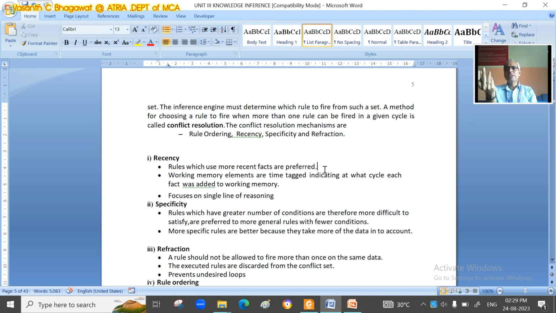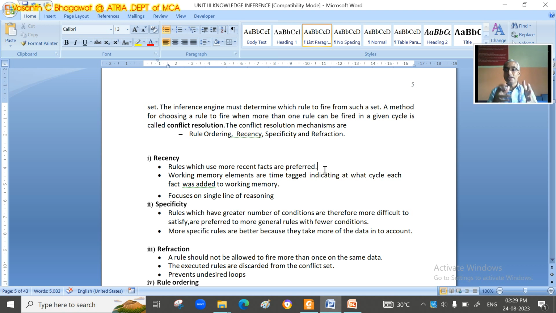The second one is specificity. Now what does specificity say? The rule which has a greater number of conditions. Which particular rule has more conditions? As we have discussed, we can have more than one condition. Whichever rule has more conditions, we are going to select that rule, and therefore it is more difficult to satisfy, because when you keep more and more conditions, all have to be true, then only you can apply the rule.